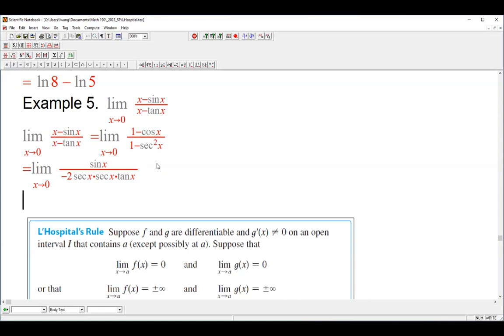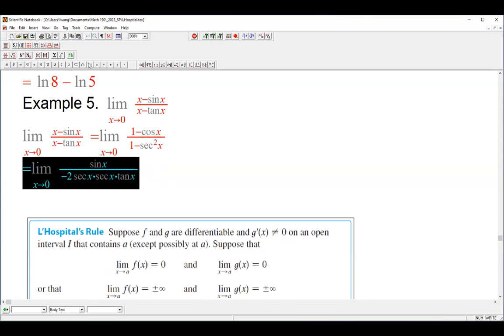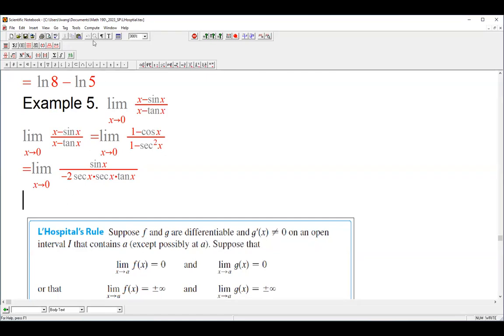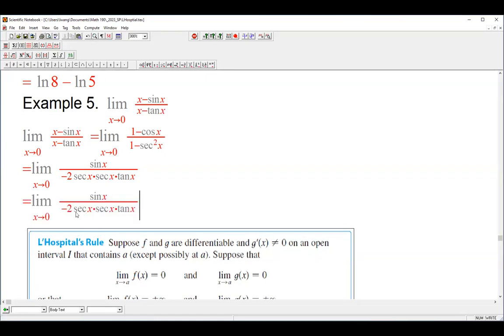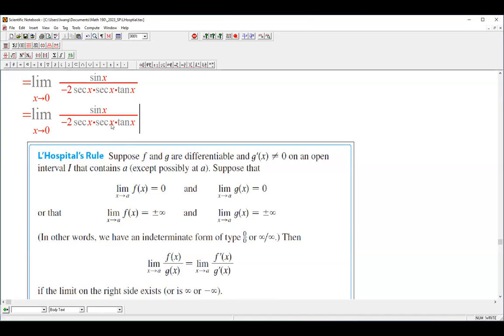Okay. So now what do we get? We're going to simplify this function. We cannot apply L'Hopital rule again unless we check the conditions are satisfied. But in this case, we must simplify. So secant x times secant x, that's a secant square. When x approaching 0, secant square x approaches 1.